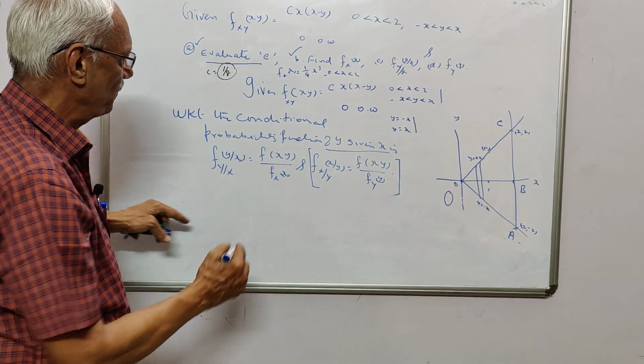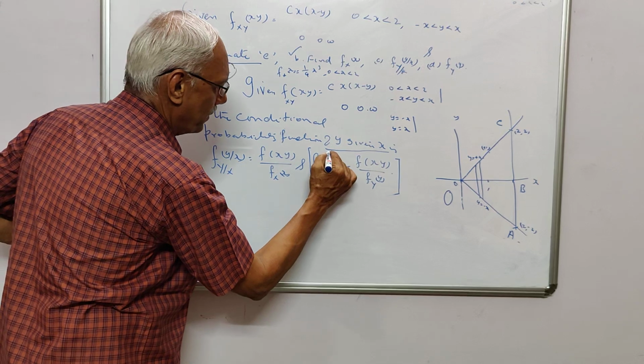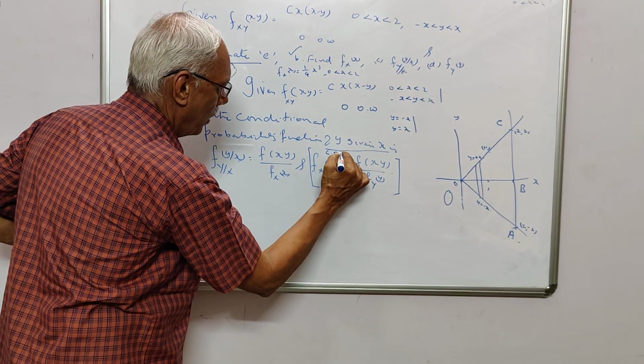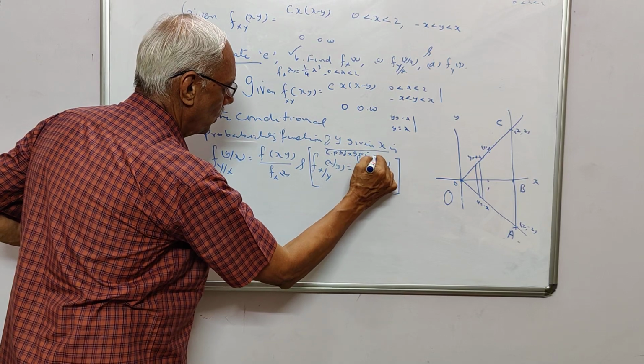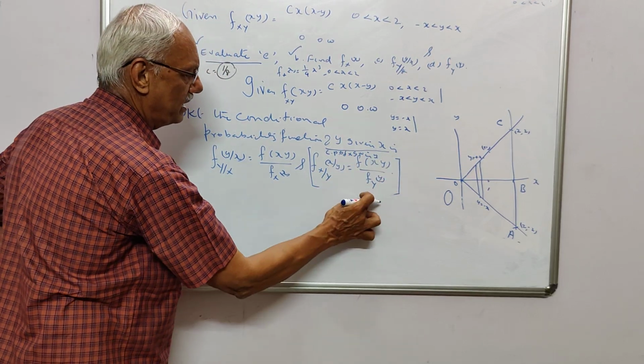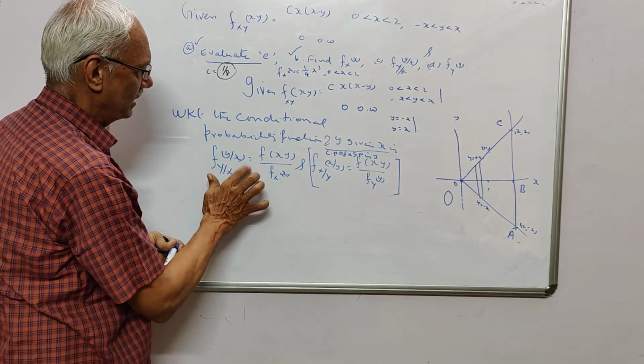We have to find the value of this. The meaning here is that this is the conditional probability of x given y. Now let us find out what is the value of this.